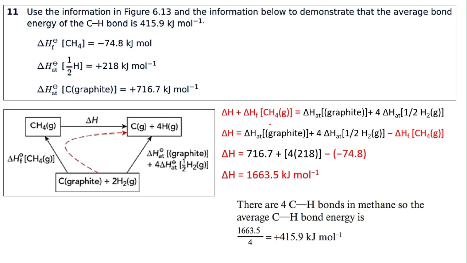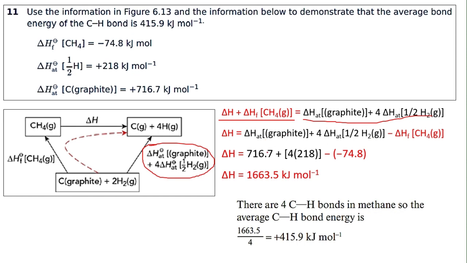So we will have the delta H plus delta H formation of CH4 equal to the direct route, meaning atomization of the graphite and 4 times atomization of hydrogen. We need the delta H, so delta H formation of CH4 will go to the other side and subtract.